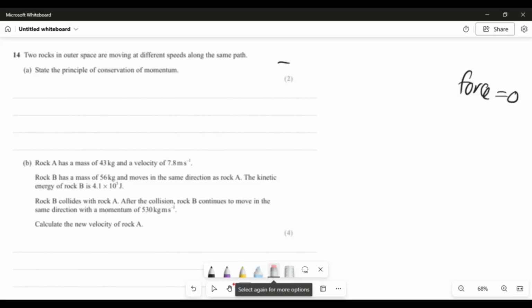So we shall write down a proper answer for this question. You are given 2 marks for this question, so there should be 2 points in the answer. We shall write down the answer like this.